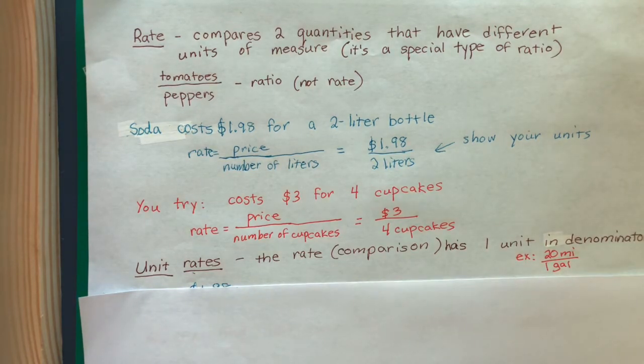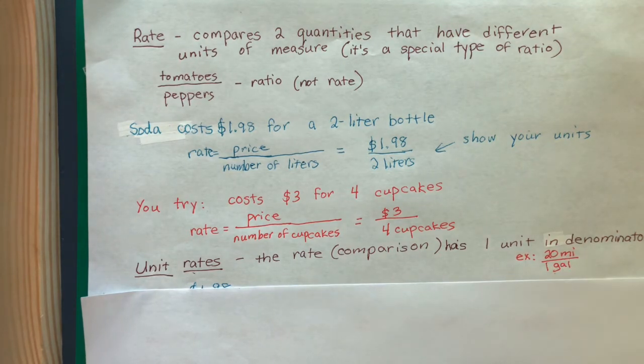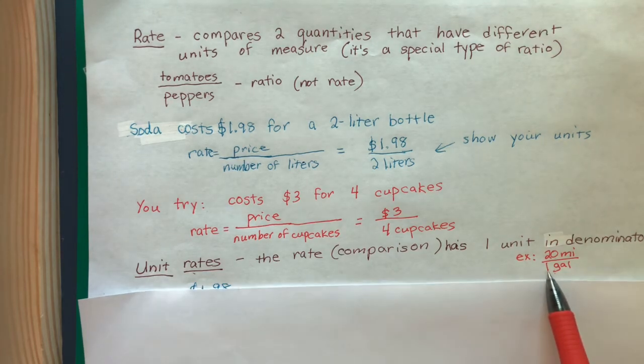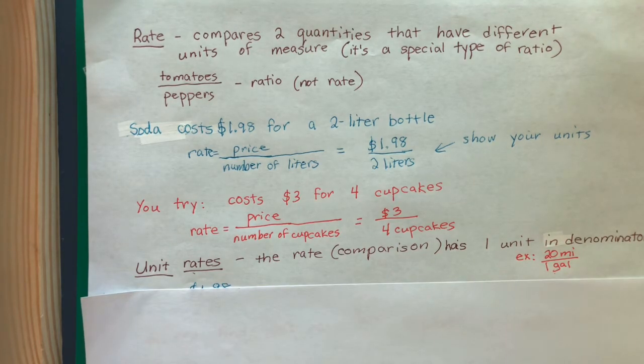So 20 miles to 1 gallon, 20 miles per gallon. And that's going to be a unit rate because I have 1 gallon here on the bottom.